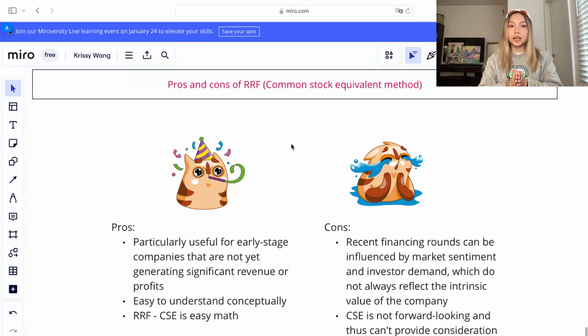So the pros: RF is especially useful for early stage companies that are not yet generating significant revenue or profits. If you have already watched the GPC video or the GT video, you know both require you to select a valuation metric to compare companies, right?